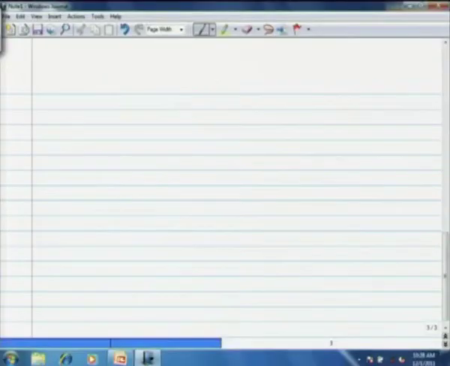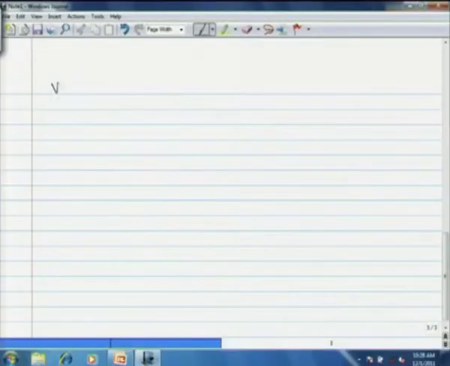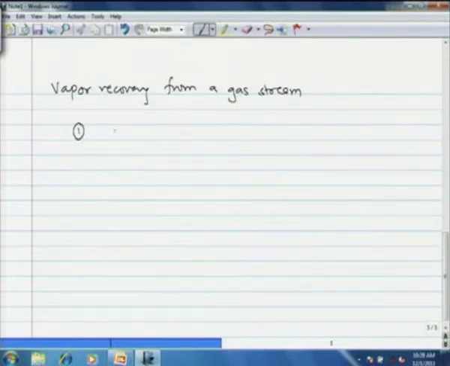Now that we have decided to recover acetone, we have to see which process we will use for the recovery. For vapor recovery from a gas stream, we have several options. The first option is that of condensation.